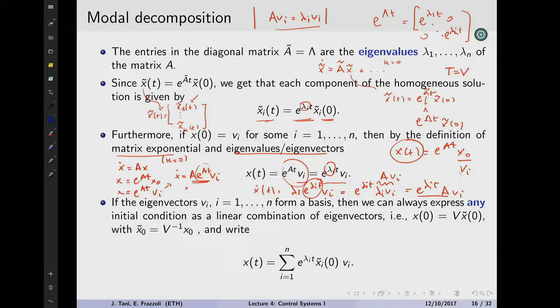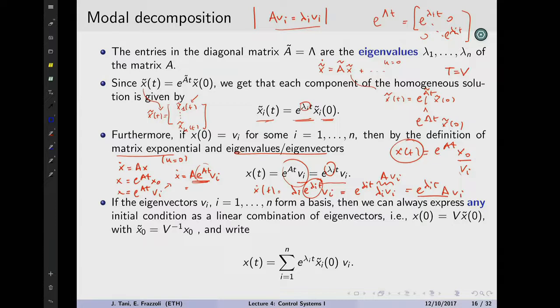It turns out that if your eigenvectors represent a basis, that is, if they are linearly independent, which happens if you have distinct eigenvalues of the A matrix, then, what's a basis, mathematically speaking? A basis is a collection of vectors that is good enough to represent any vector in a certain n-dimensional vector space.